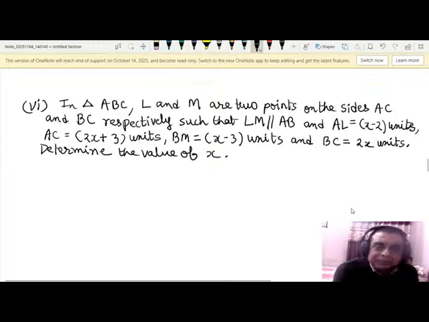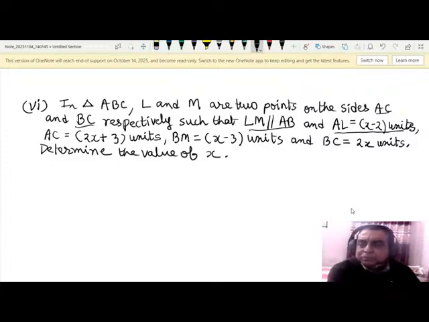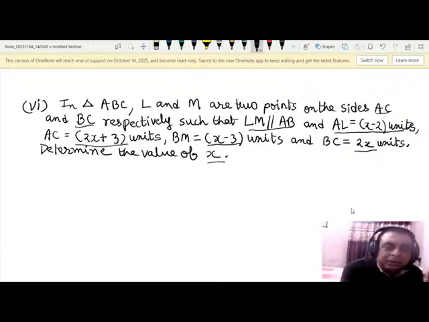Here in triangle ABC, L and M are 2 points on the sides AC and BC respectively, such that LM is parallel to AB and AL value is given as x minus 2 units, AC value is given as 2x plus 3 units, and BM value is given as x minus 3 units, and BC value is given as 2x units. Determine the value of x. You are asked to find the value of x.